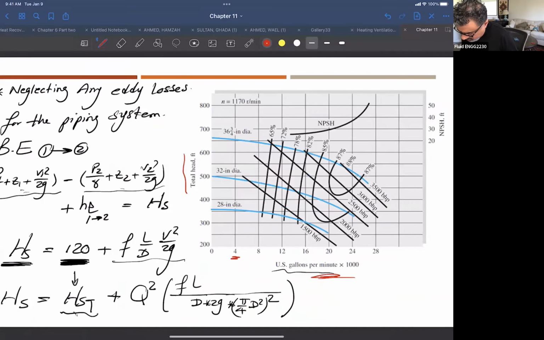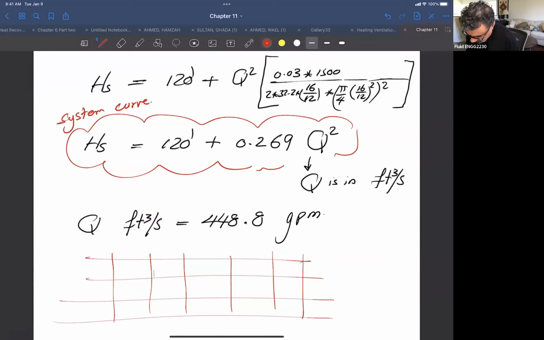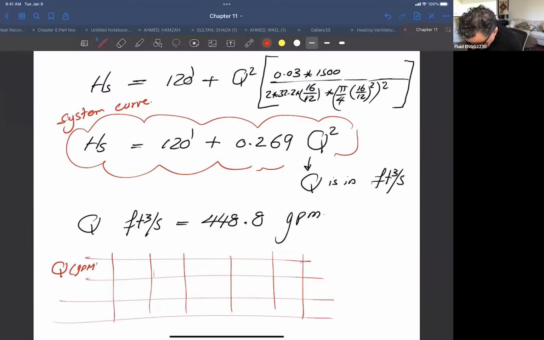See here, this is 4, 8, 12, 16, 20, 24, and so on. I don't want to go all the way, right? I can just start at Q is 0. Let me make a table: Q in gallons per minute, Q in feet cubed per second, and H system.